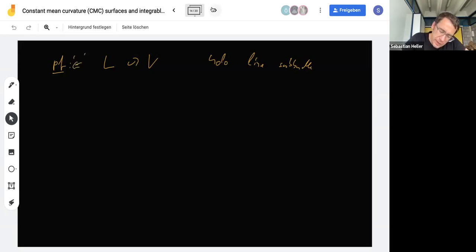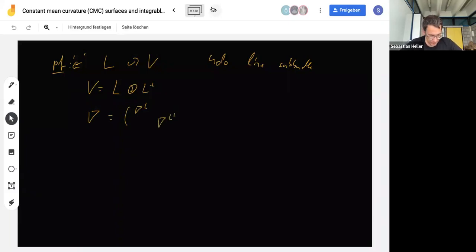So we can decompose as a complex vector bundle into L plus the orthogonal complement, L plus L perp. And then we can decompose the flat connection as a line bundle connection on L, and on the orthogonal complement, and then the off-diagonal terms, alpha and beta.